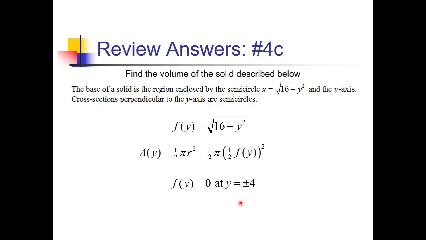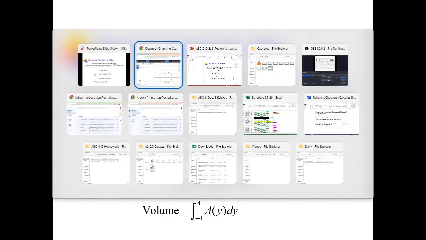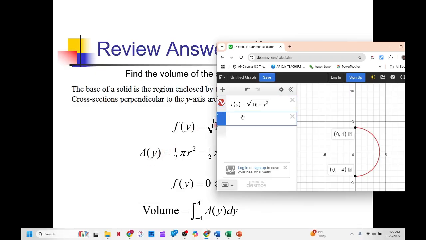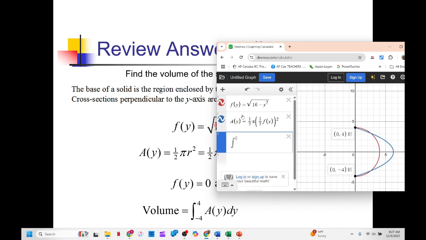So I need the integral from -4 to 4 of a of y dy, and the heavy lifting is done on the calculator. A of y equals 1/2 times pi times half of f of y, squared. Now my integral from -4 to 4 of a of y dy comes out to about 33.510.